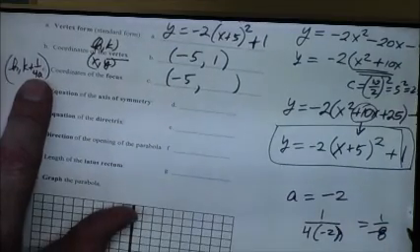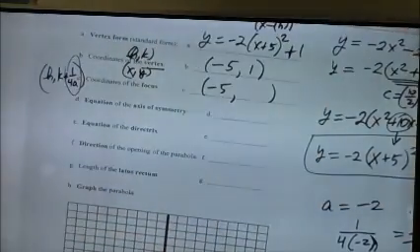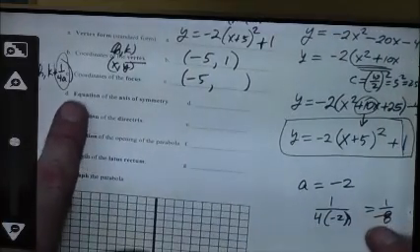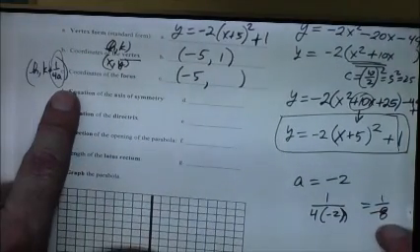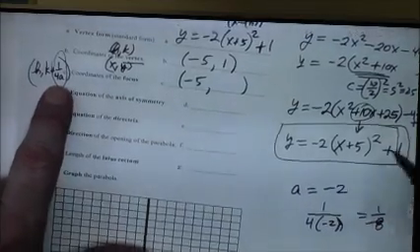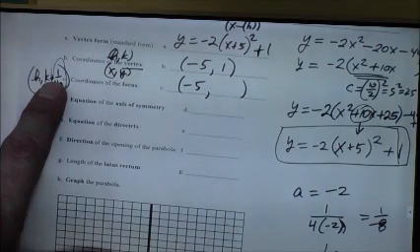Oh boy, I have to deal with a fraction in there. Okay. So this 1 over 4a, reduce it because I got opposite sides of the paper. 1 over 4a is actually 1 over negative 8, or negative 1/8. So the k is 1. I'm going to do 1 minus 1/8.